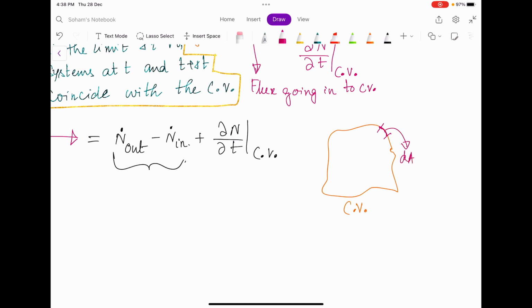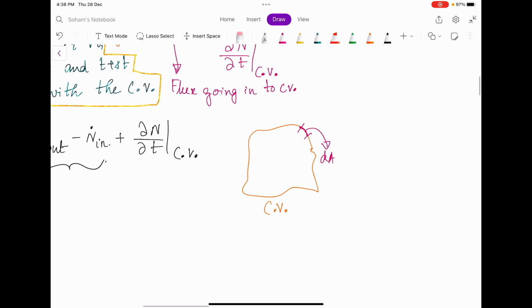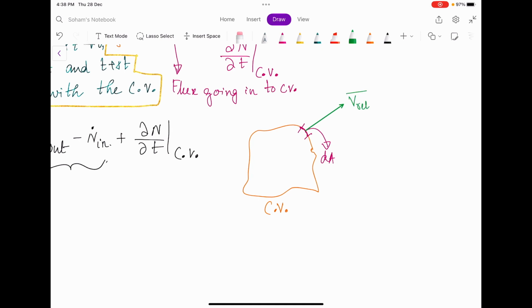Now the relative velocity, mind the term, the relative velocity of the substance is in this direction, v relative. And this is the area, the area normal.